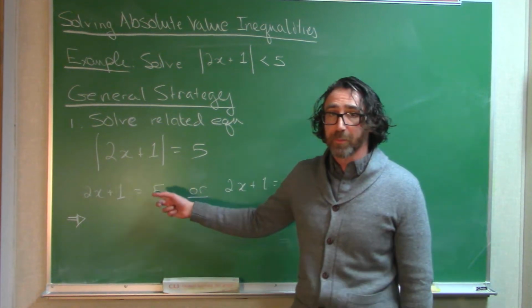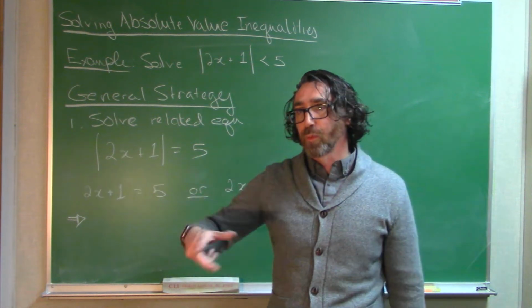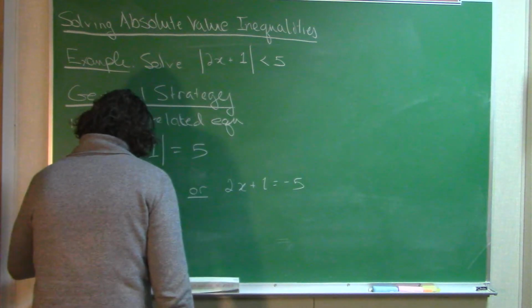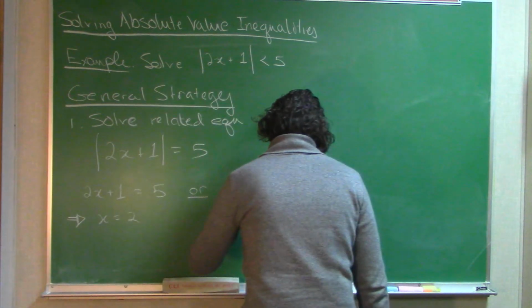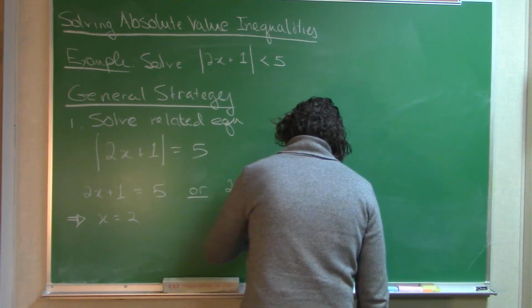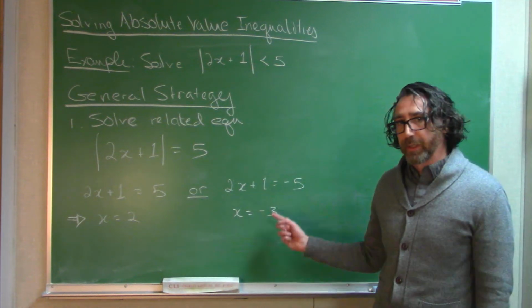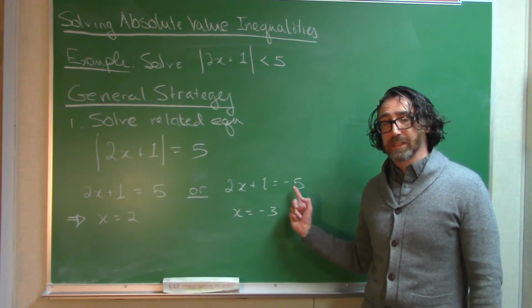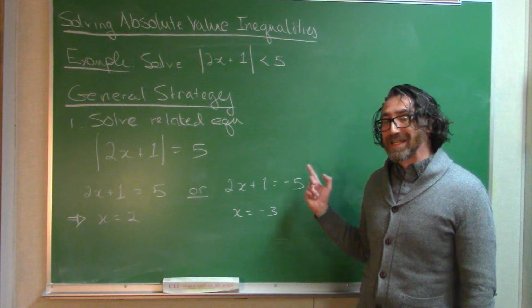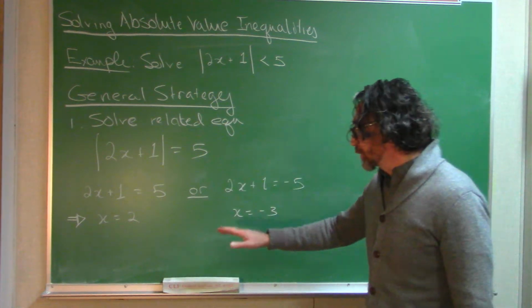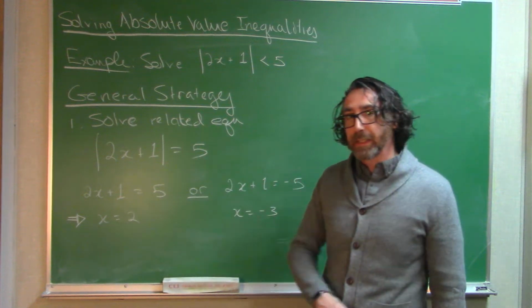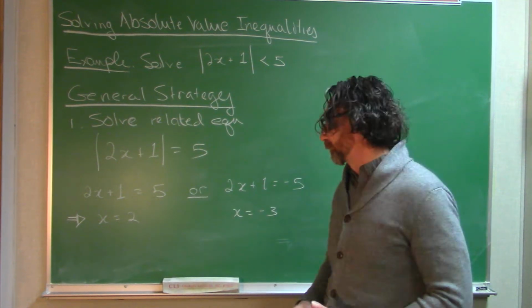We subtract 1 from both sides. 2x equals 4, divide by 2, and we get x equals 2. Over here, we get x equals negative 3. Subtract 1 from both sides. Negative 5 minus 1 is negative 6. Divide that by 2, you get negative 3. So those are the two solutions to the related equation.